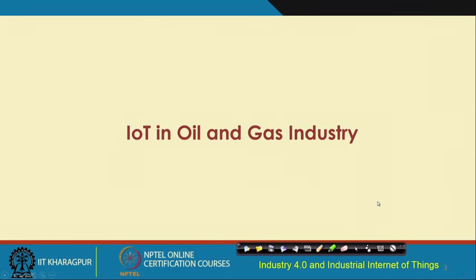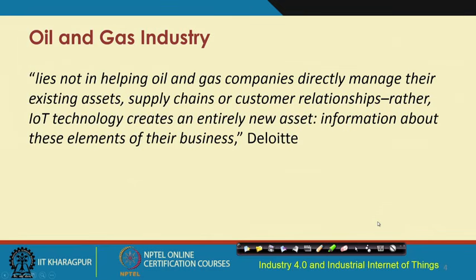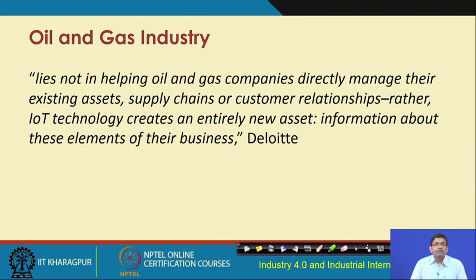Now, let us come to the specificities in terms of the oil and gas industry. There are different efforts going on globally in this particular industry domain. A lot of industries operating in these spheres are talking about having solutions where integration of IoT with their existing processes, machinery, etc. is going to happen.